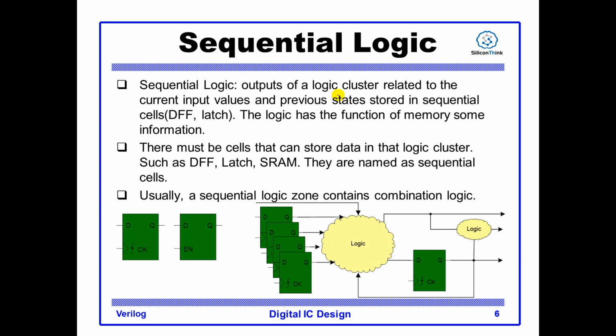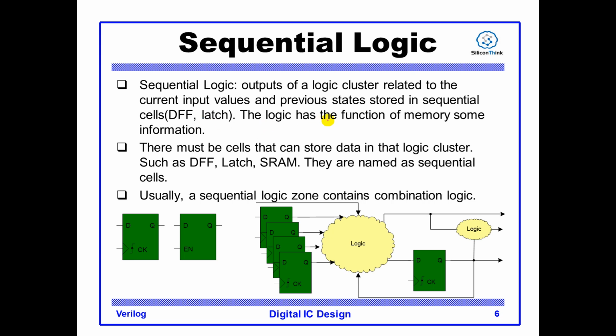Next, sequential logic. Its definition is that the output of a logic cluster is related to the current input value and the previous status stored in sequential cells, such as DFF and latch.